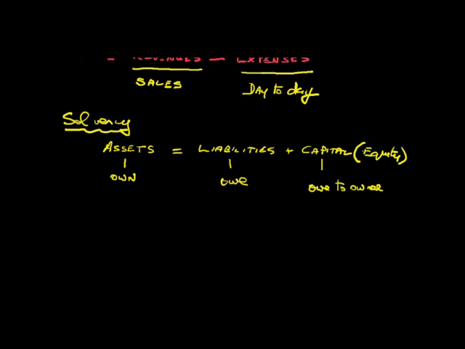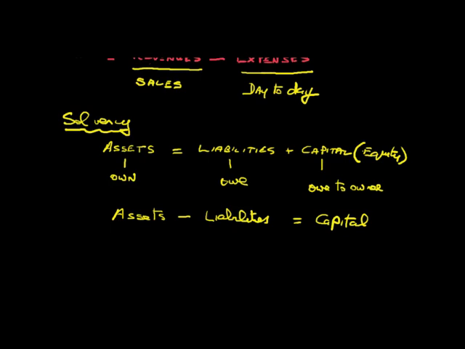Now this equation is more often shown as follows. Well, I want to just change this equation around. So the assets of the business, okay, and we bring the liabilities over the equal sign, and we'll say assets minus liabilities equals the capital. This is how we more commonly use this equation.